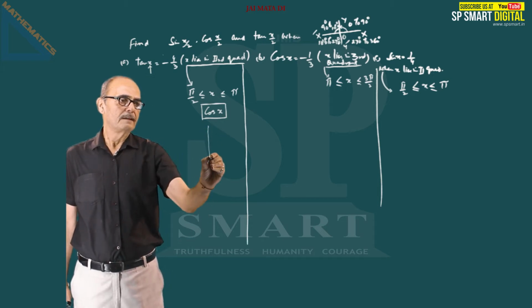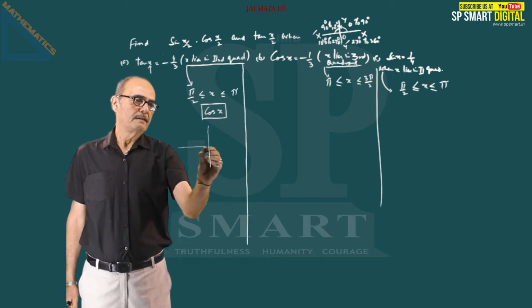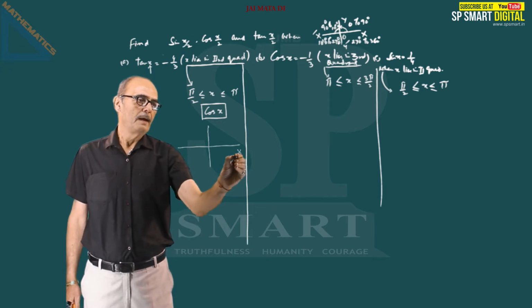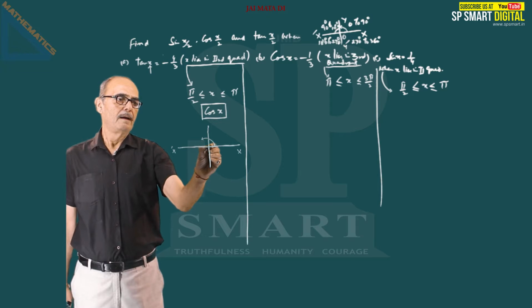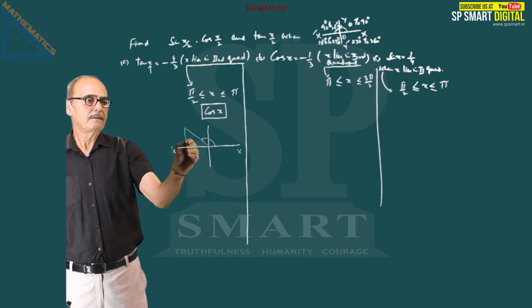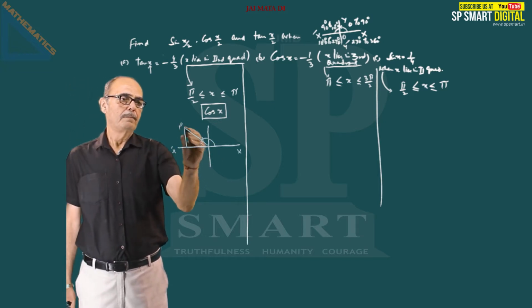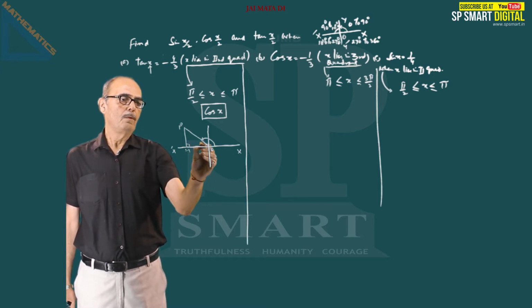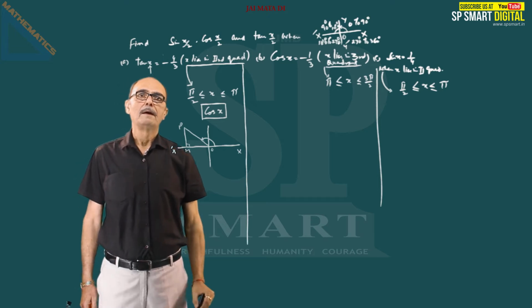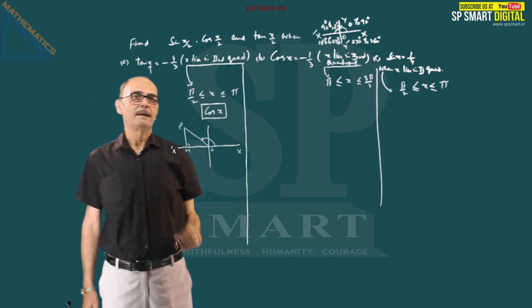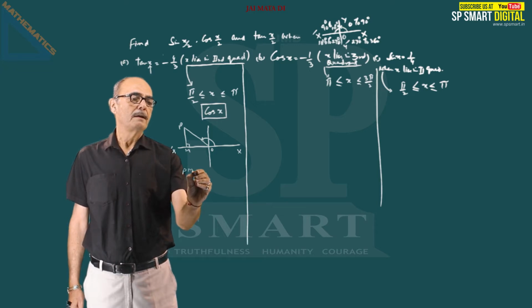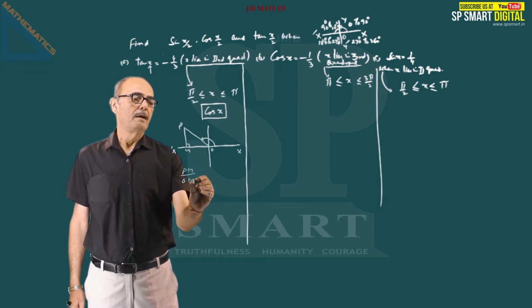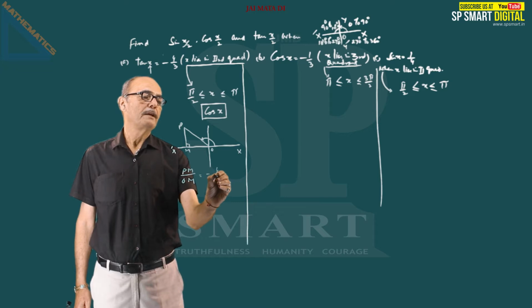This is your y axis, this is x axis, the angle in the second quadrant will be like this, and you have this right triangle OMP, with right angle at M. When tan x is minus 4 by 3, tan x means perpendicular over base.